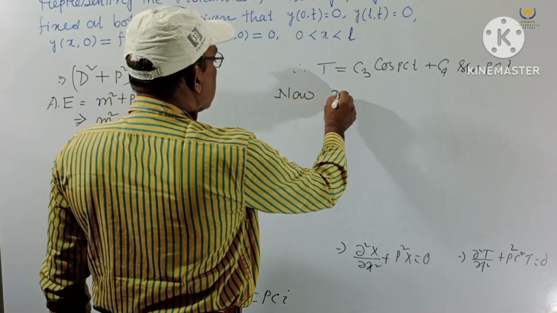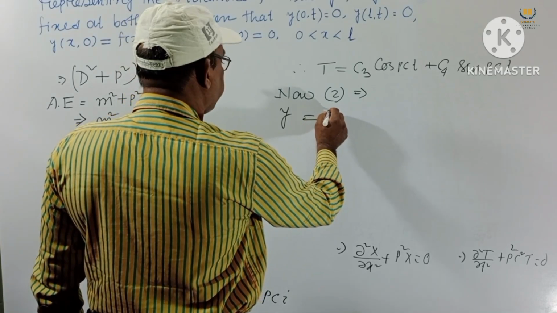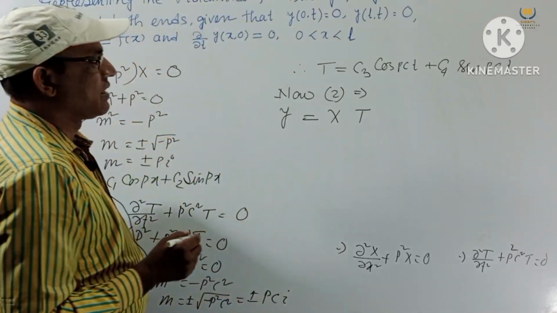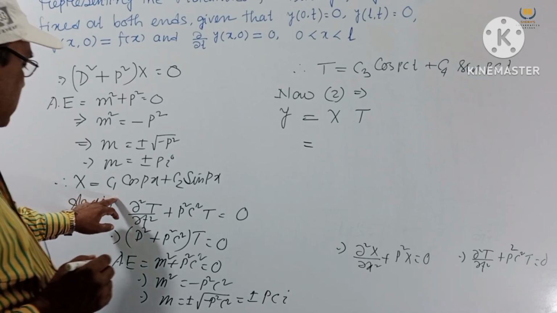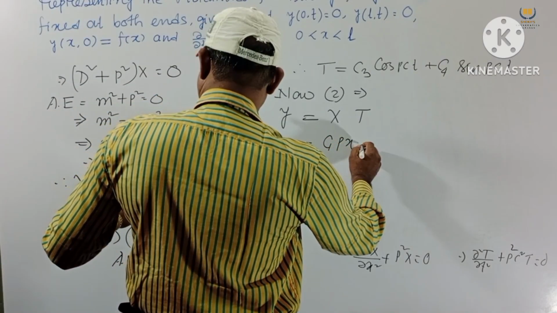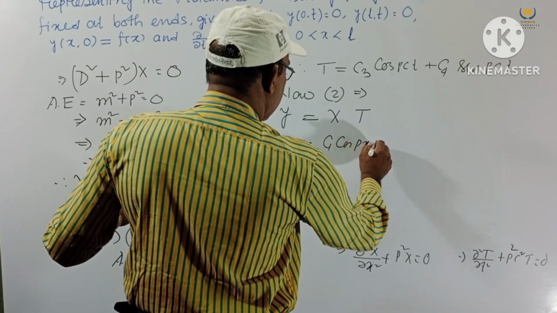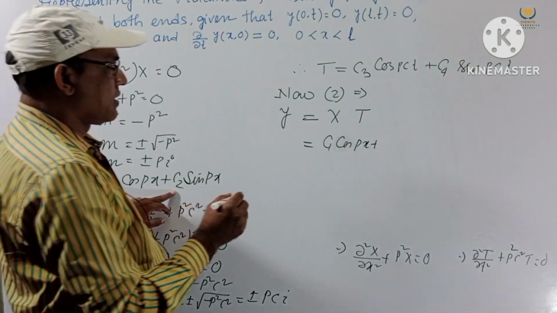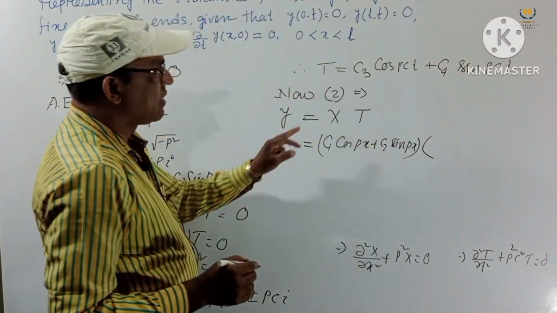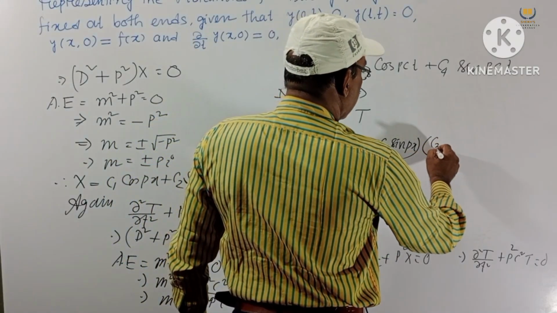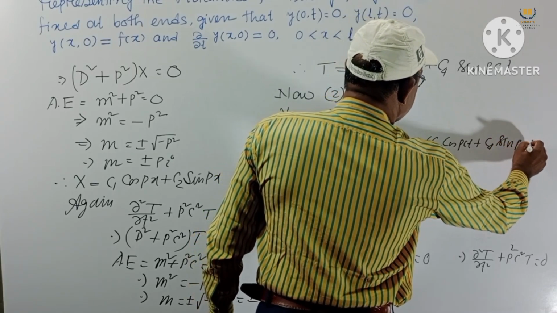Now 2 implies, we know y equal to X into T. So y equal to the value of X, we get c1 cos px plus c2 sin px, and the value of T, this one, c3 cos pct plus c4 sin pct.